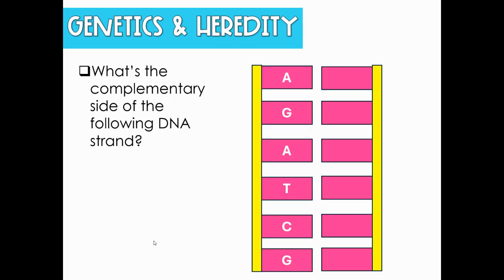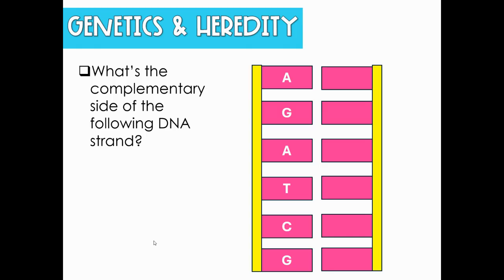All right, so I might give you one side of a strand of DNA, and I might ask for the complementary side or complementary strand. And so since I'm asking you to find essentially the other side of the DNA molecule, you're going to use base pairing rules for DNA.